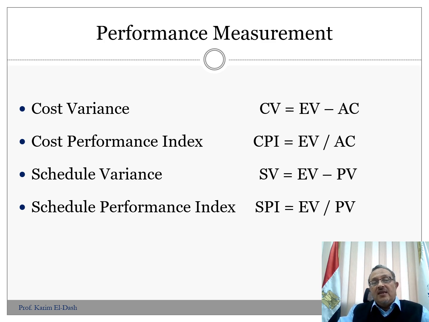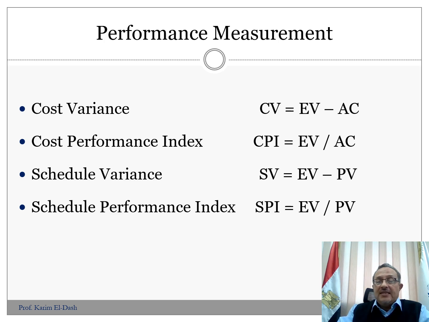Cost performance index, which is the relationship between the earned value and the actual cost. Schedule variance, which is the difference between the earned value and the planned value. And the fourth is the schedule performance index, which is the earned value divided by the planned value.